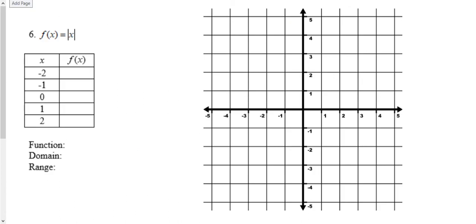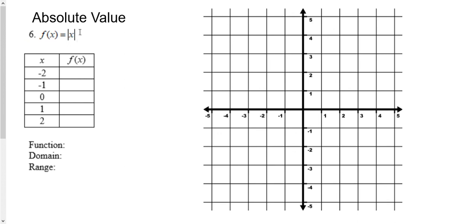For our last example today, we have f of x equals the absolute value of x. That's what these two lines mean, it's the absolute value. Hopefully absolute value sounds somewhat familiar to you. This is from Math 20-1, sometimes 20-2.